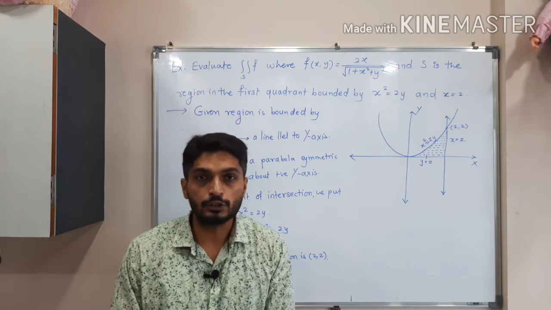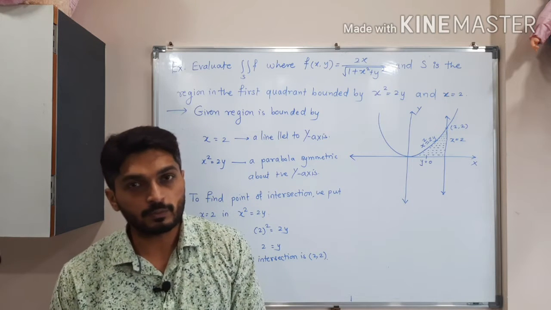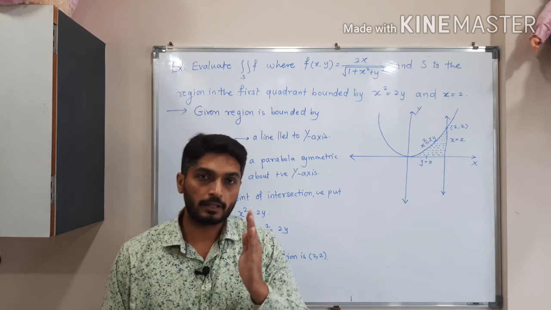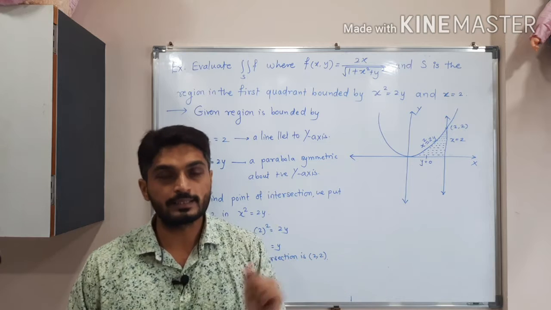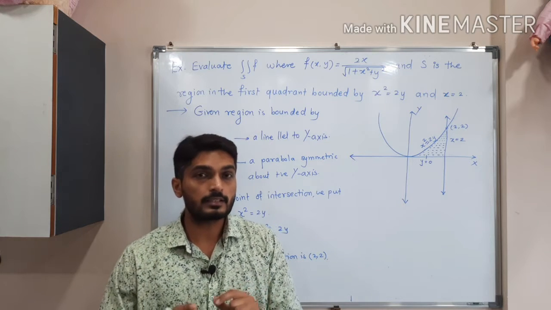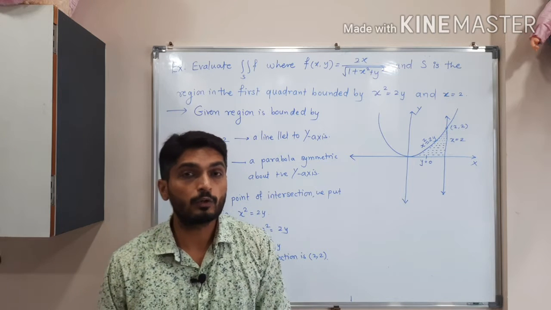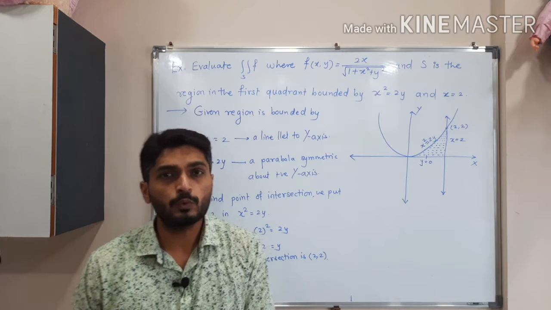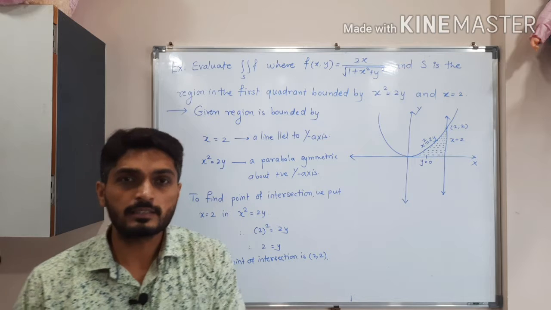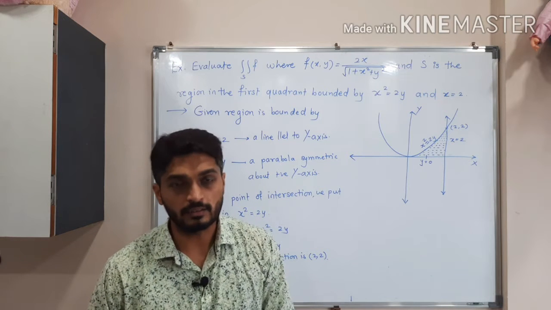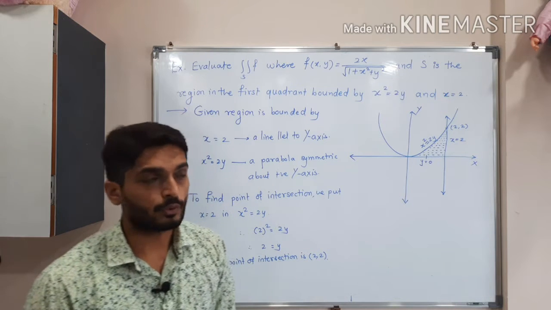So when we have a region, to find the limits, we consider a strip either parallel to y-axis or parallel to x-axis. But if I consider a strip parallel to y-axis, then the problem can be more difficult or more complicated. So what will I do? I will consider a strip parallel to x-axis here, and let us try to solve.